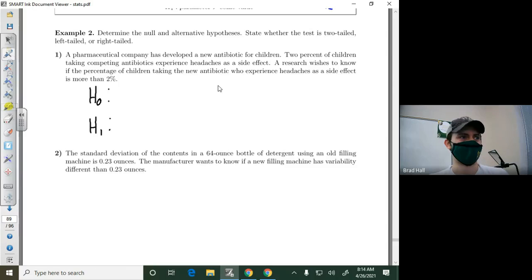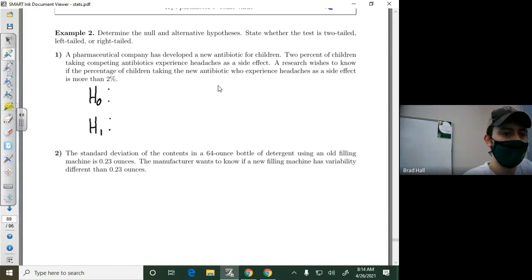It is an alliteration with population. Alliteration is a repetition of consonant. So population, proportion. It's a proportion. Population proportion. So 2% is the quantity. This is the population proportion.